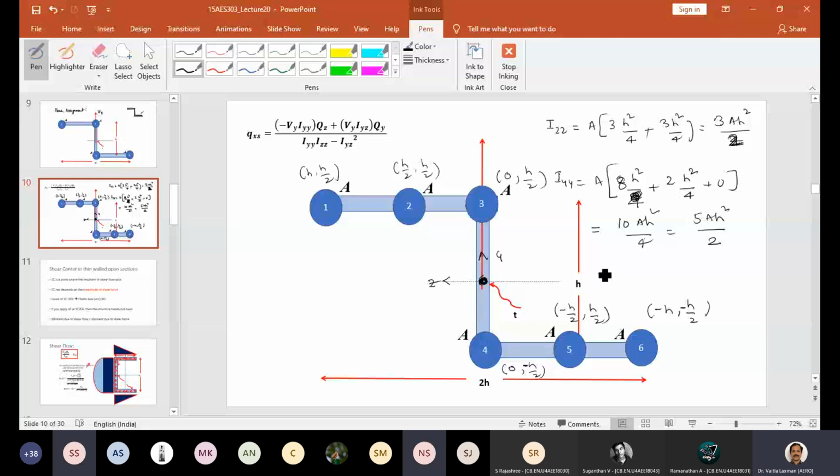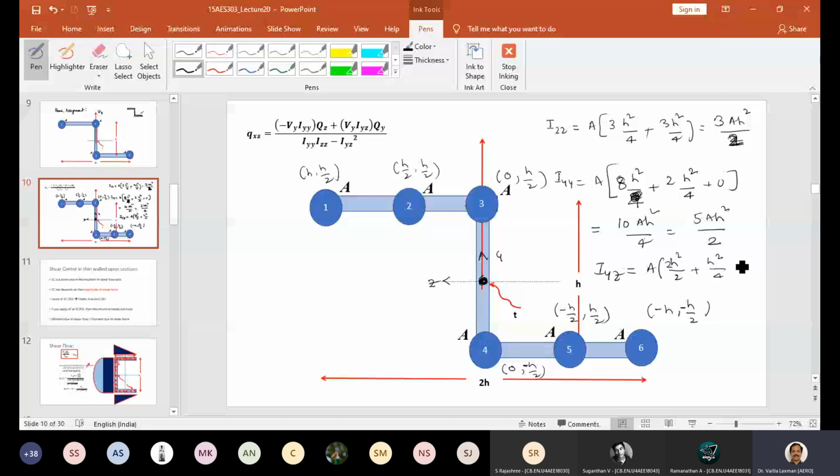Yes, sir. What about Iyz? Iyz is straightforward. Multiply this 2, multiply this 2. This is gone 0, this is gone 0, this is gone 0. It's very simple. So A into, this and this positive, h square by 2 plus h square by 2, that becomes 2 times, plus h square by 4.